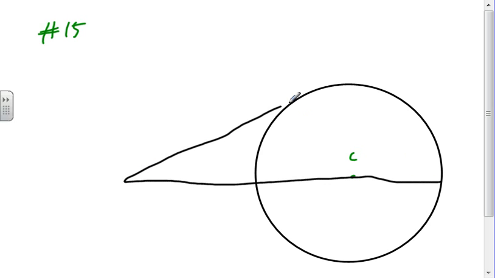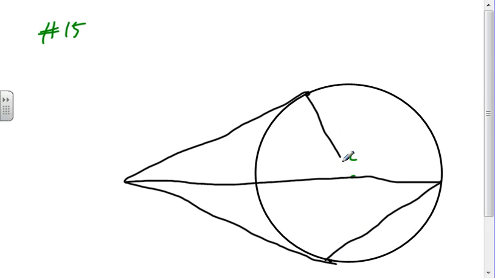We have something coming over to here, which is going to be tangent on both sides. It doesn't look tangent, but that's okay. Then we come down to there, and then go from there to there. A, B, C, D, E. All right, that looks good.